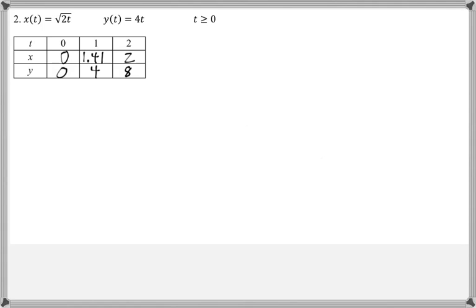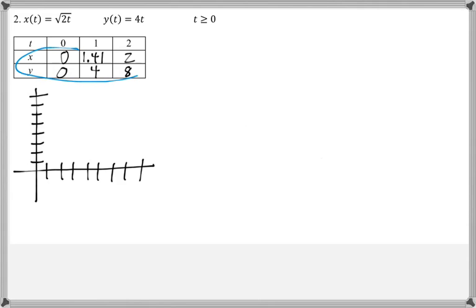So I'm ready to graph this now. And I'm graphing these points, just the x and y.